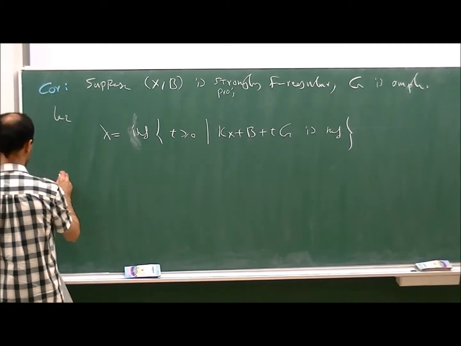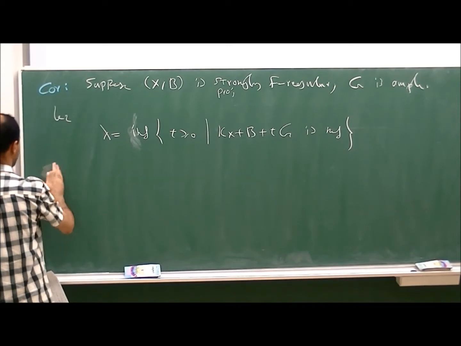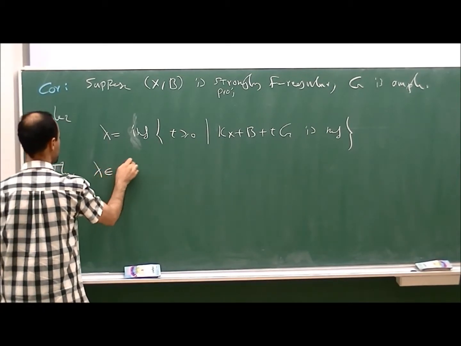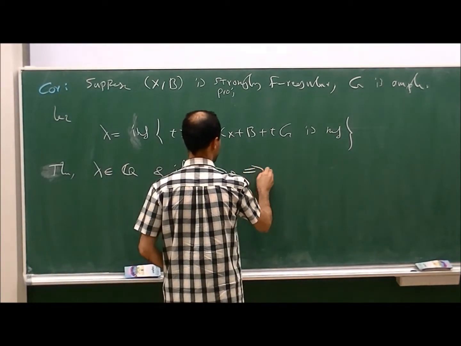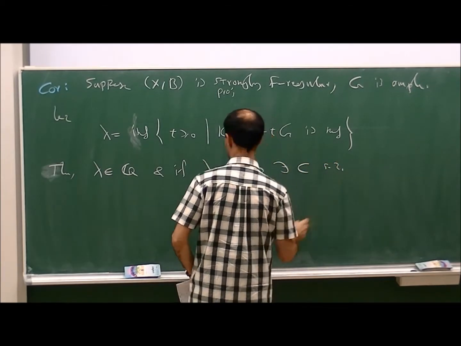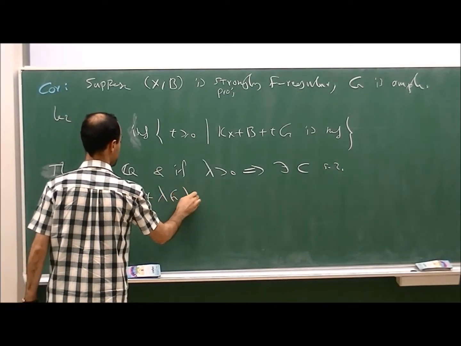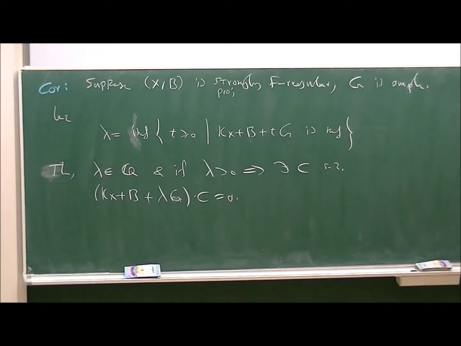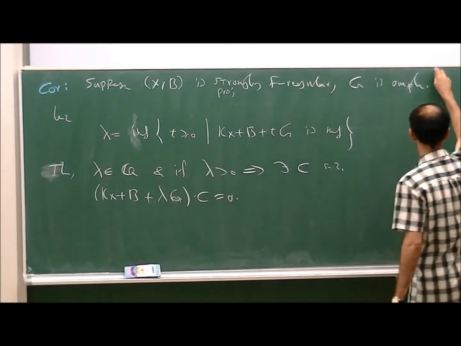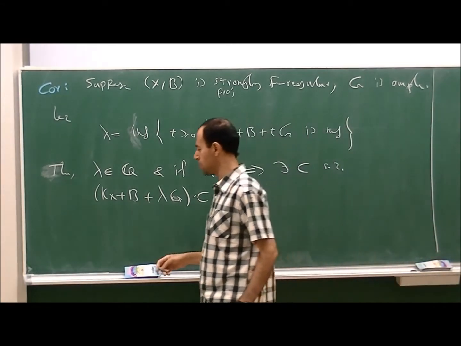However, one important thing that we like to have is that lambda is a rational number, and if lambda is positive, then there is at least one curve such that K plus B plus lambda G will be trivial on this curve. This is one of the main theorems coming from the rational geometry of a complex number. It's called the rationality theorem.